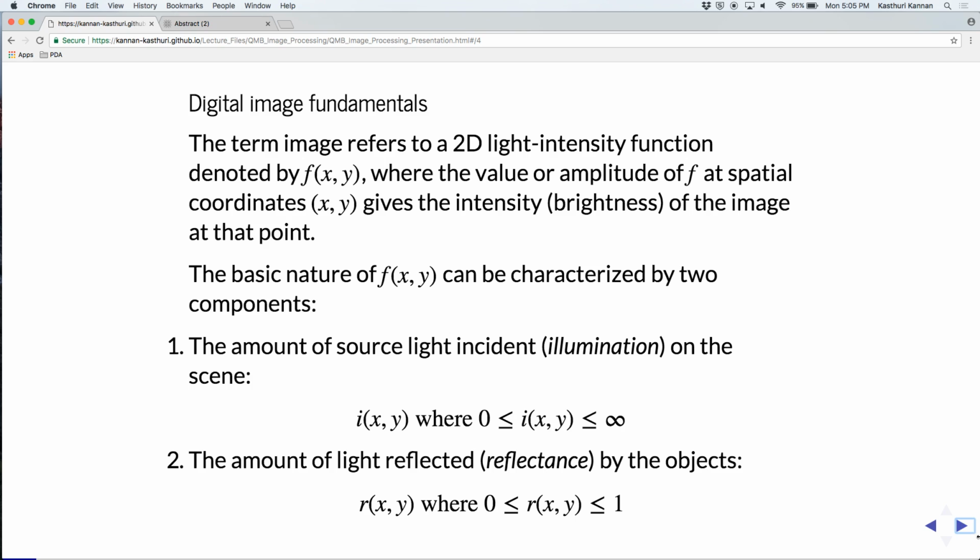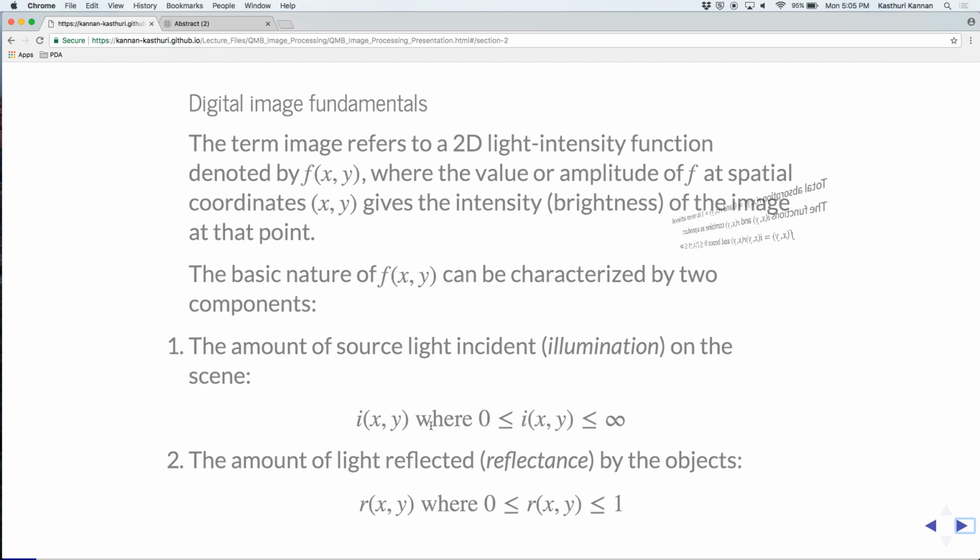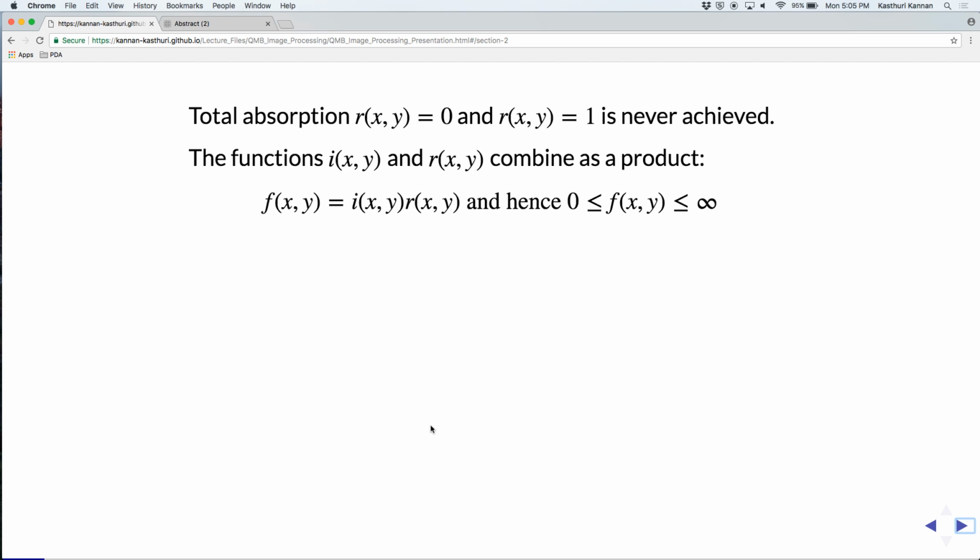One is the amount of source incident light that falls on the scene, denoted by i(x,y), and the other is the amount of light that is reflected by the objects, called reflectance, denoted by r(x,y). But in general, total absorption, r(x,y) equal to 0, is never achieved, and r(x,y) equal to 1 is never achieved.